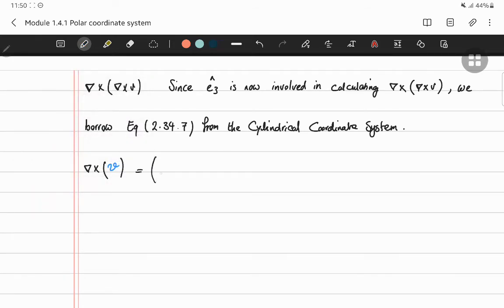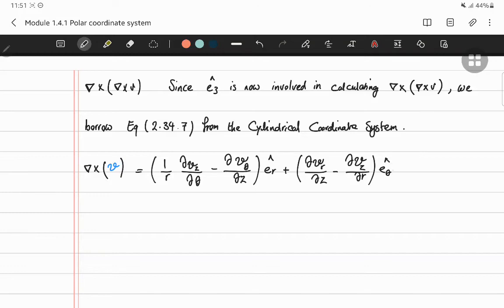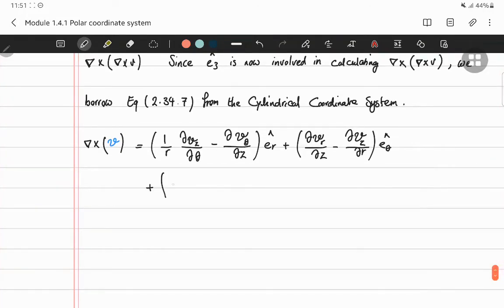So this is equal to 1 divided by r, partial derivative of vz with respect to theta, minus partial derivative of v theta with respect to z, er, plus partial derivative of vr with respect to z minus partial derivative of vz with respect to r, e theta, plus partial derivative of v theta divided by r plus v theta divided by r minus 1 over r partial derivative of vr with respect to theta, ez.